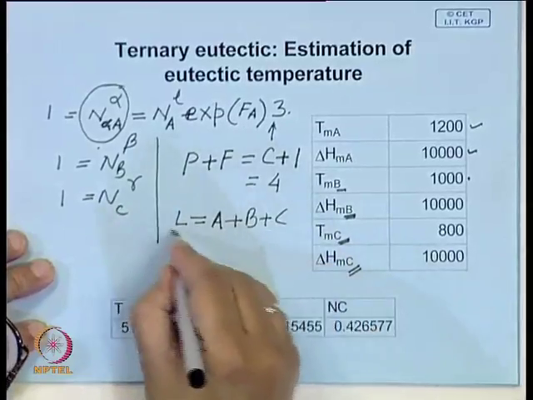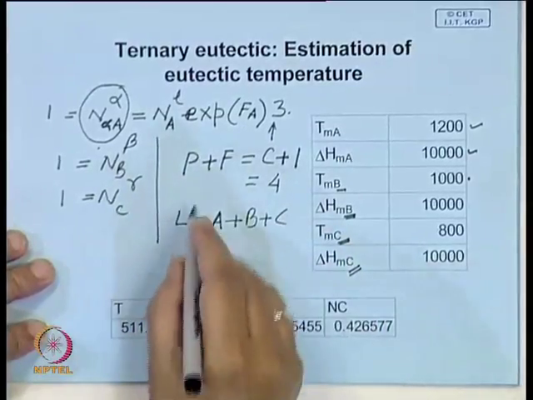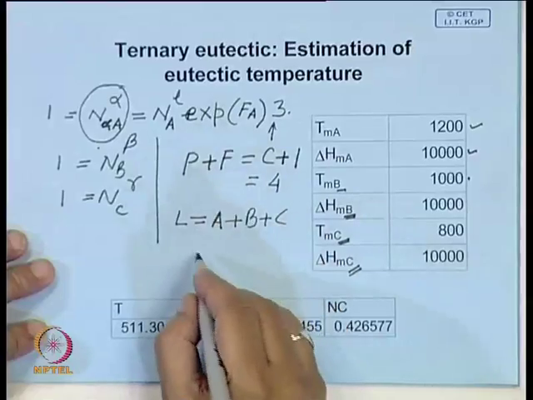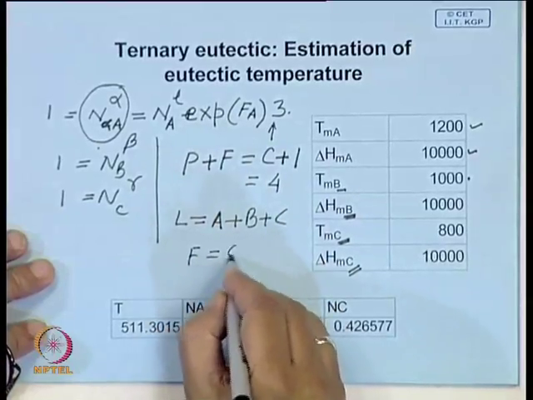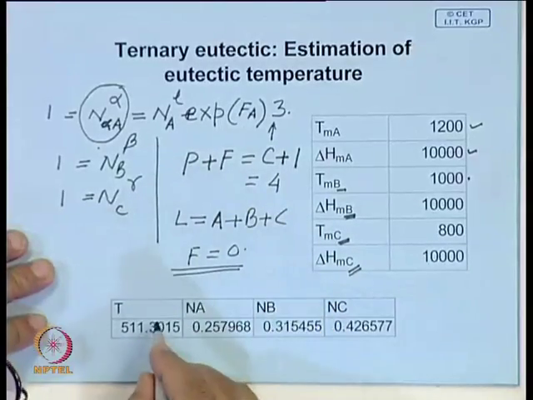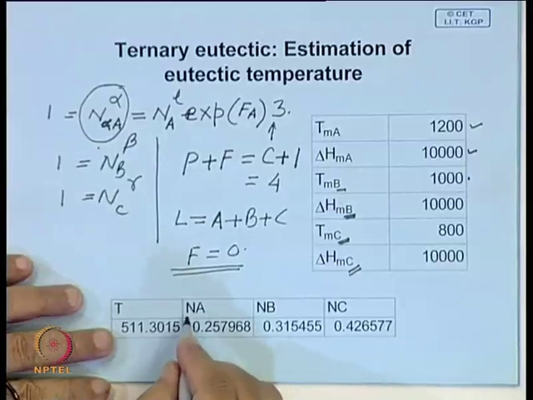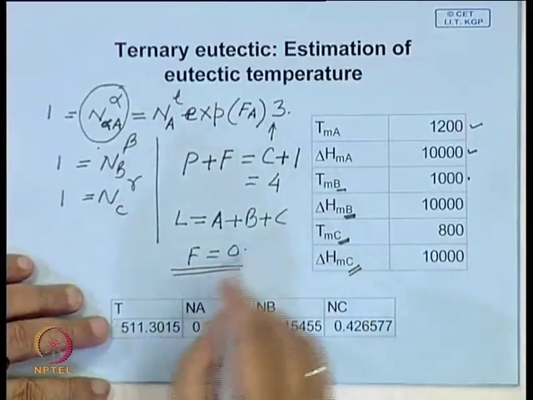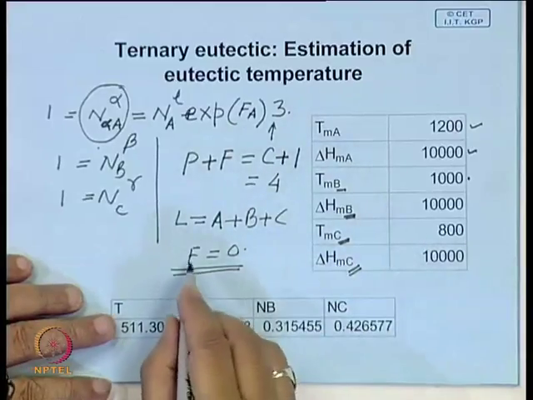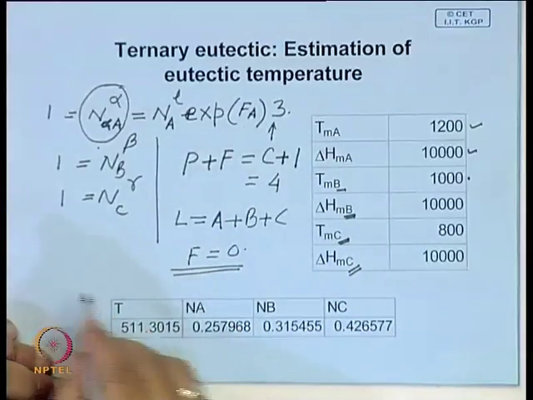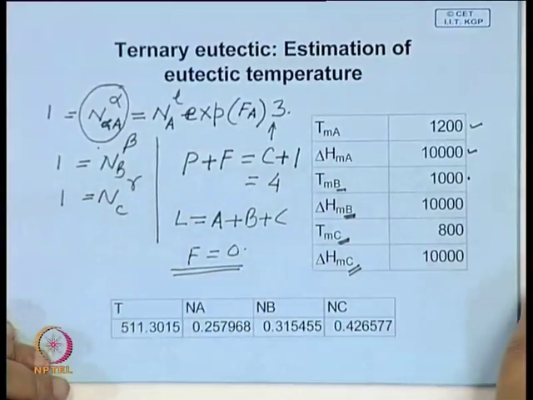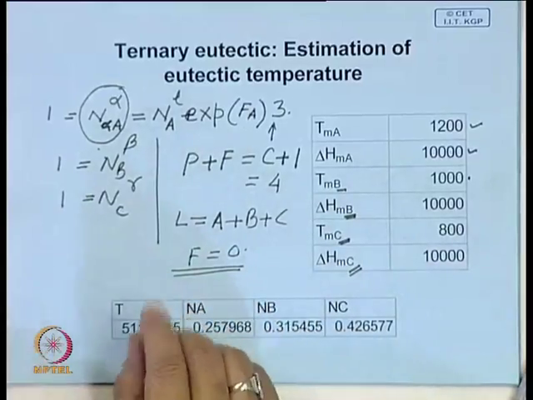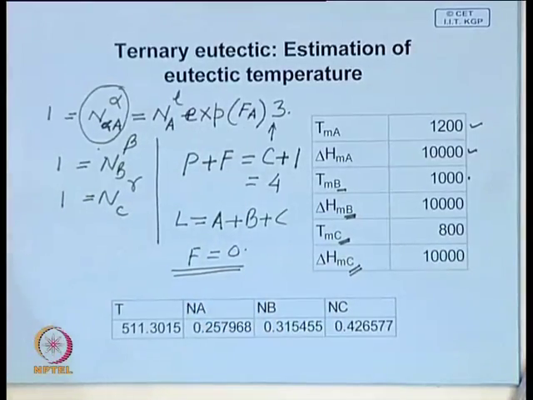So you have a situation where 4 phases are coexisting. Therefore, the degrees of freedom equal 0. That means this can happen only at a fixed temperature, and therefore it should be possible to calculate the temperature in principle, and this is what is shown over here.